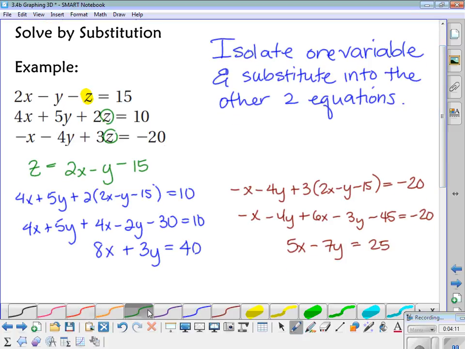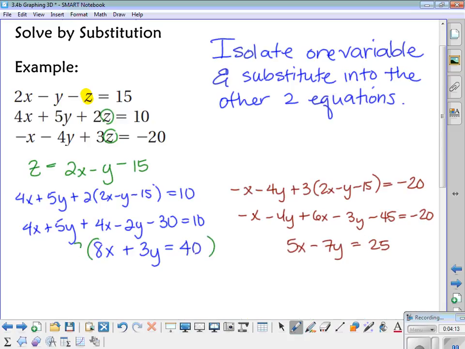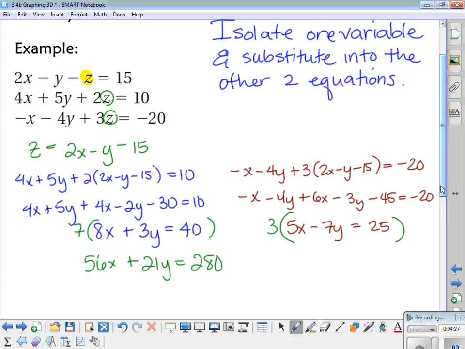All right, so what I'm going to do is I'm going to multiply this equation by 7, and I'm going to multiply this equation by 3 so that my y's will drop out. And so I get 56x plus 21y equals 280. And then for the other one, 3 times 5, I get 15x minus 21y equals 75.